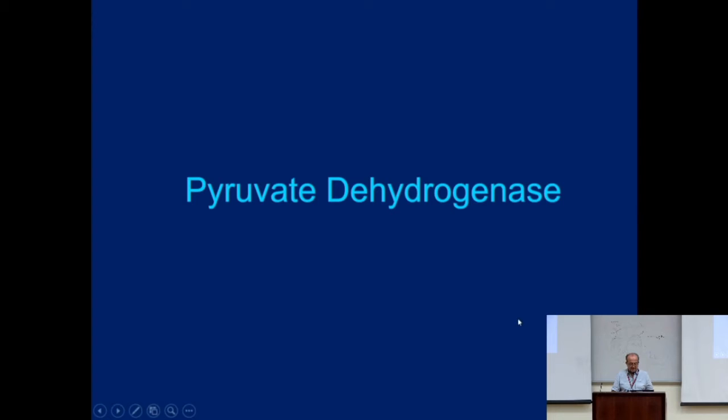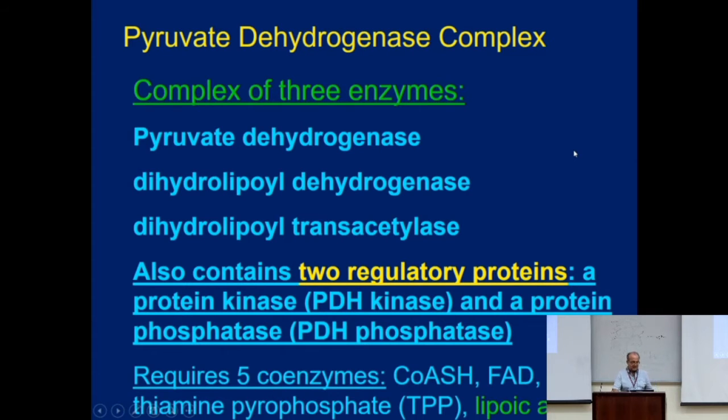So let's get started with this complex. If you hear pyruvate dehydrogenase or pyruvate dehydrogenase complex, treat them the same way. They are synonymous. We use the two terms interchangeably.